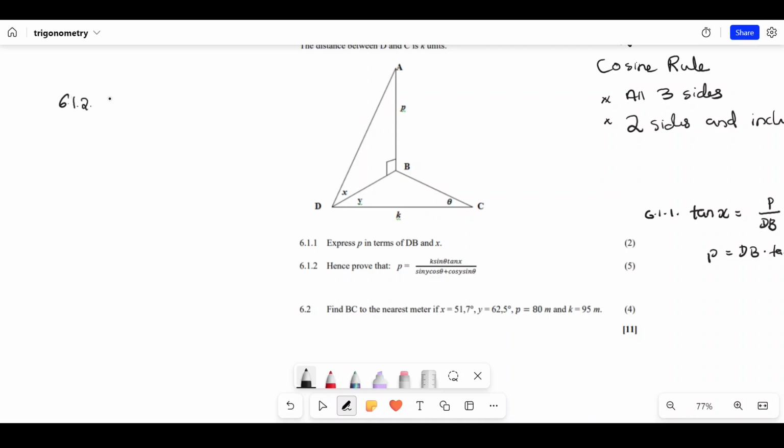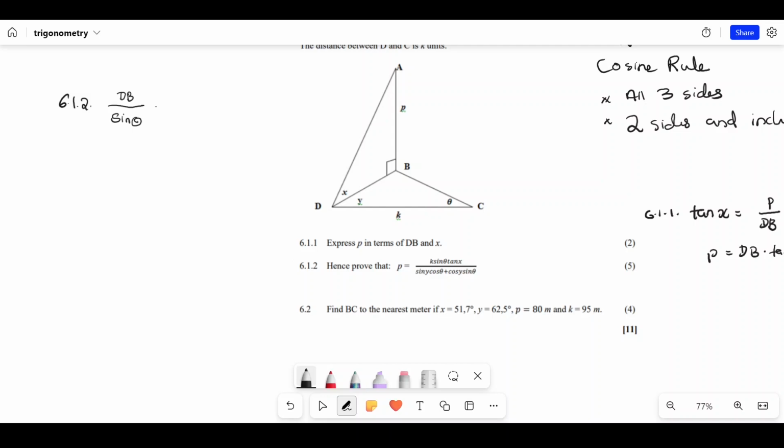6.1.2. If you are using the sine rule, start with the side that you are going to find. We are going to find dB, which is an unknown side, and which is a common side to both triangles. dB over sine, the angle opposite dB is theta, so it's dB over sine theta.